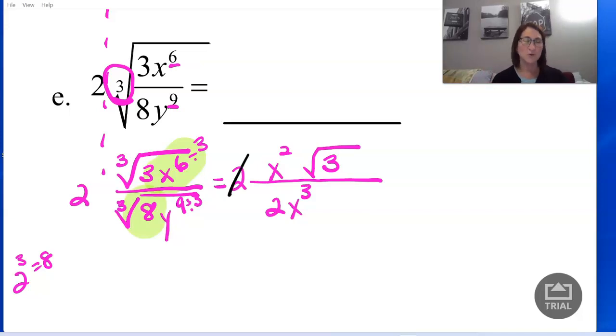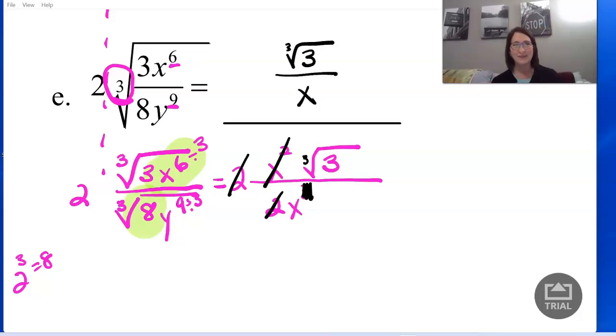My 2 is really in the numerator, and that can be simplified with that 2 in the denominator. I have 2 x's in my numerator. I have 3 in the denominator. So those 3 go away to just 1. So now I'm left with the cube root, oh, I'm sorry, I forgot to put cubes. The cube root of 3 over plain old x. There we go.